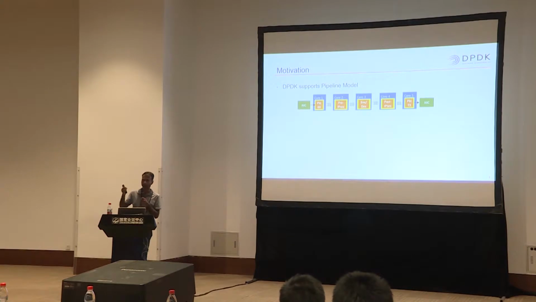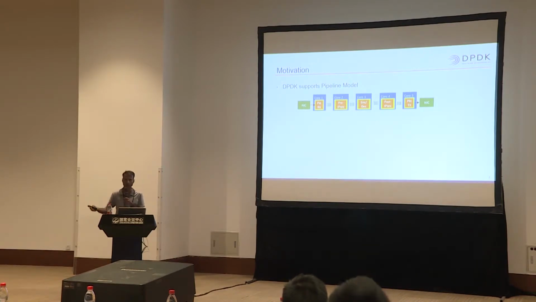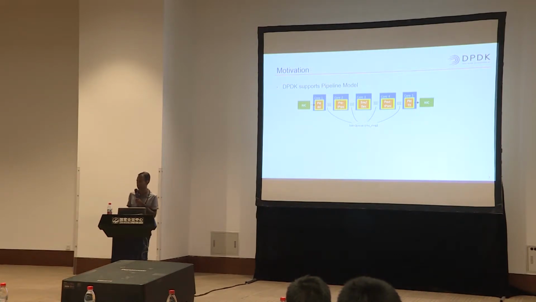And then the core processes those packets and hands them over to the next stage or the next core in the pipeline. So here, for the inter-core communication, it uses the RTE ring, which is a software implementation.